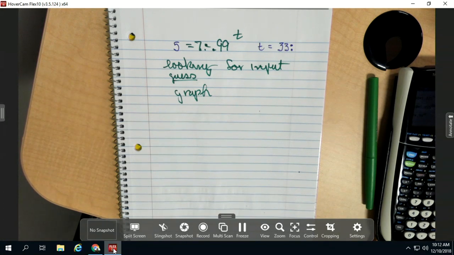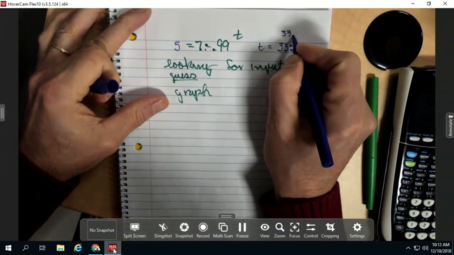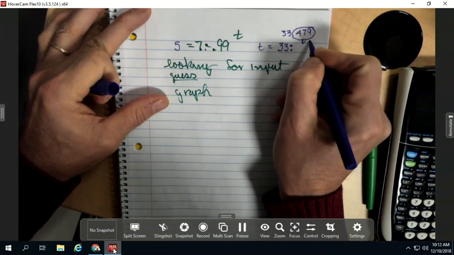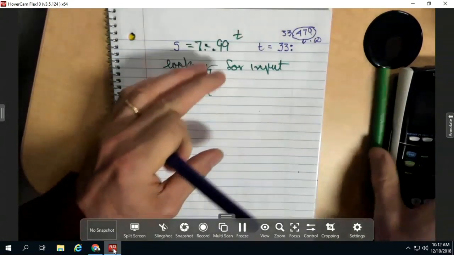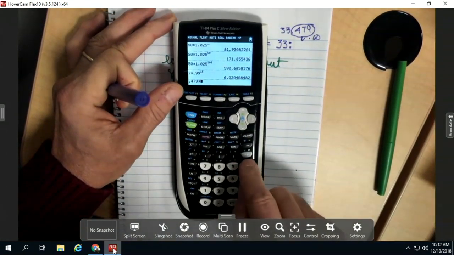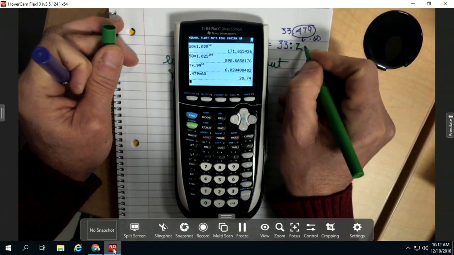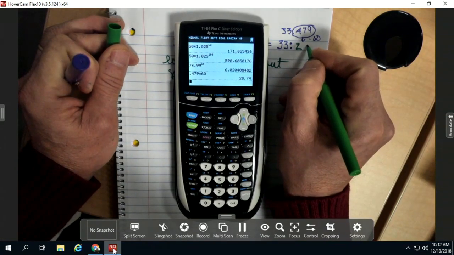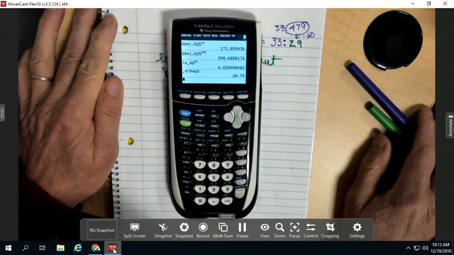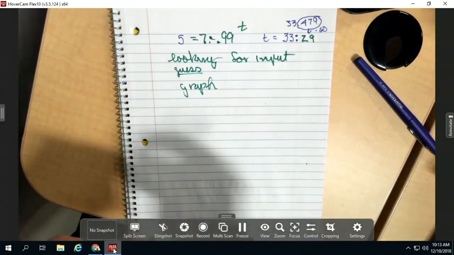So we're going to take the 0.479 times 60. 0.479 times 60 is 33 minutes and 29 seconds. Okay? So we can graph.